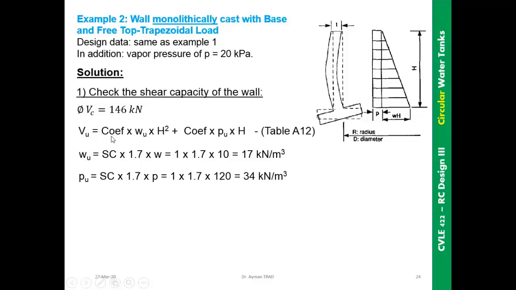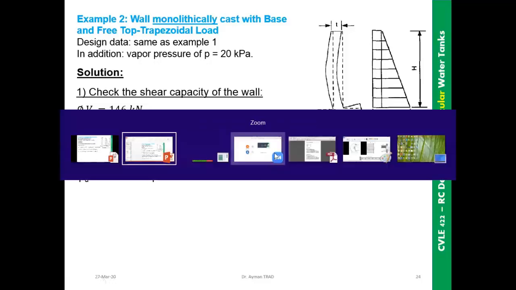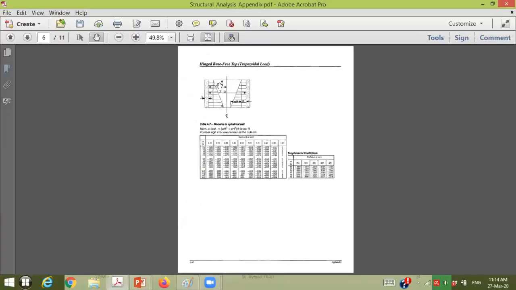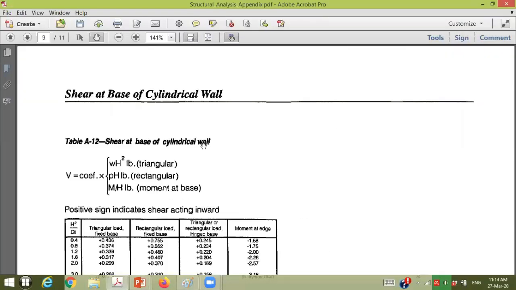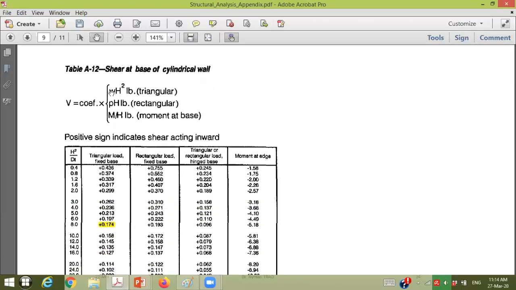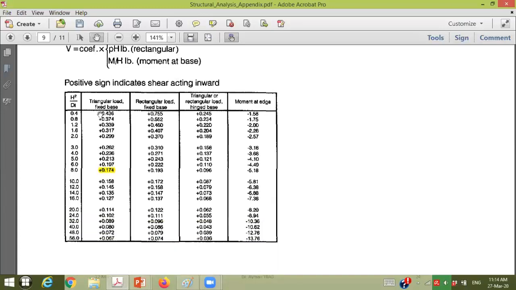Then we'll look to the coefficient for the first part of the shear equation and the coefficient for the second part, the triangular and the rectangular part, in table A12. So shear equal coef W H square for triangular plus PH for rectangular. Here we have the first column for triangular.